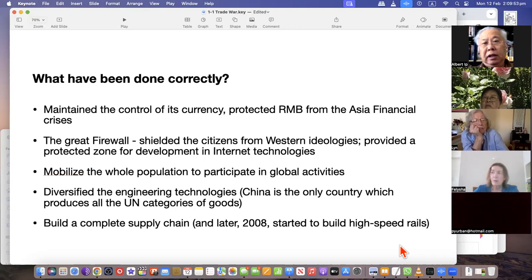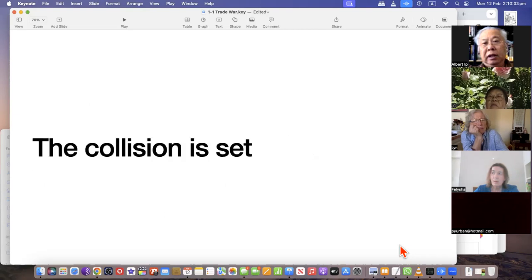Because of that, he also built a complete supply chain. And then, as I said, in 2008, he started building his high-speed rail. Okay, the collision is set. China becomes the second largest economy.